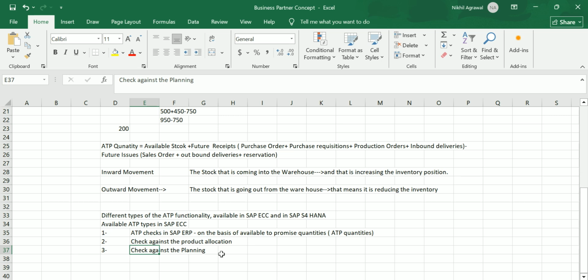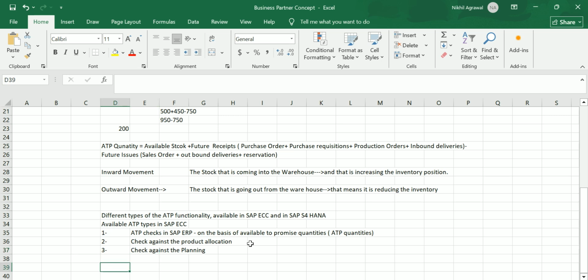All right, now we will discuss a bit more on this available ATP quantity, ATP checks, ATP functionality. So there are three different functionalities here. Here we have discussed the types of the ATP that is available in ECC. Now we will see the different functionality of the ATP which SAP has provided.